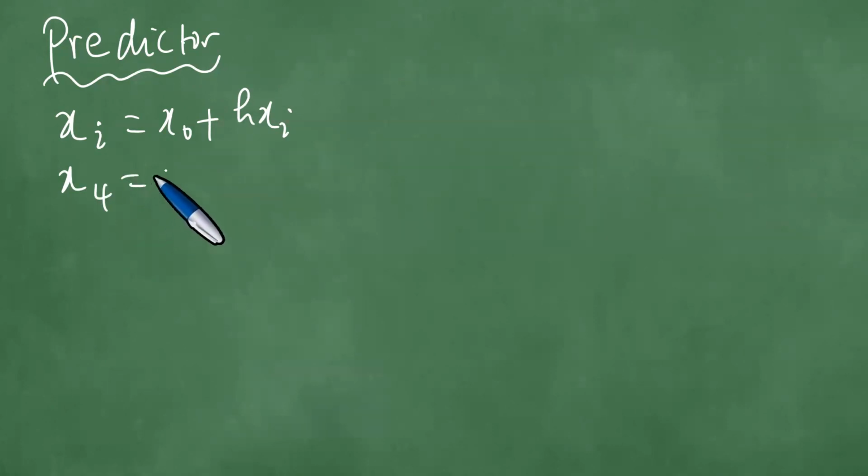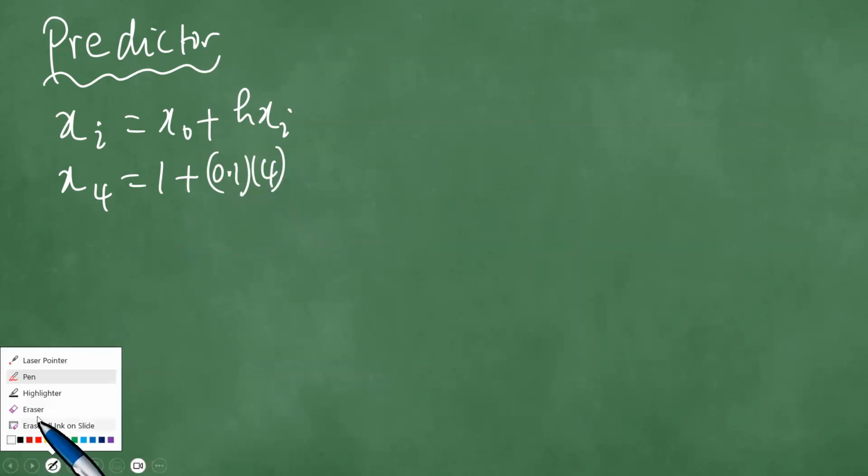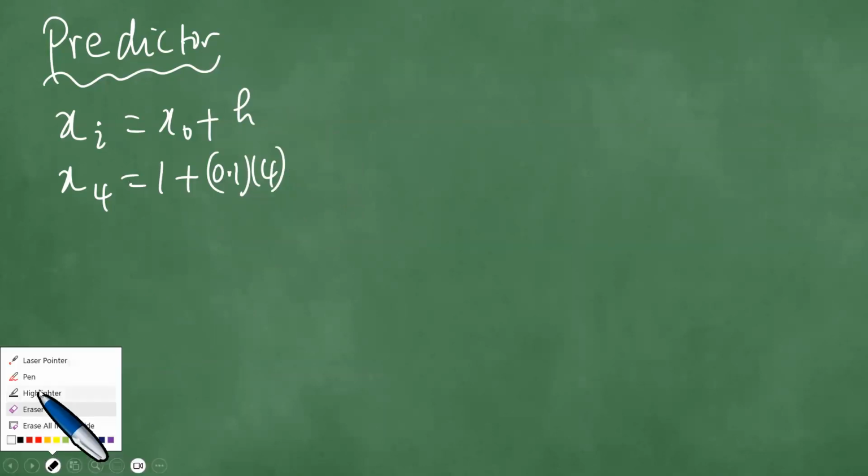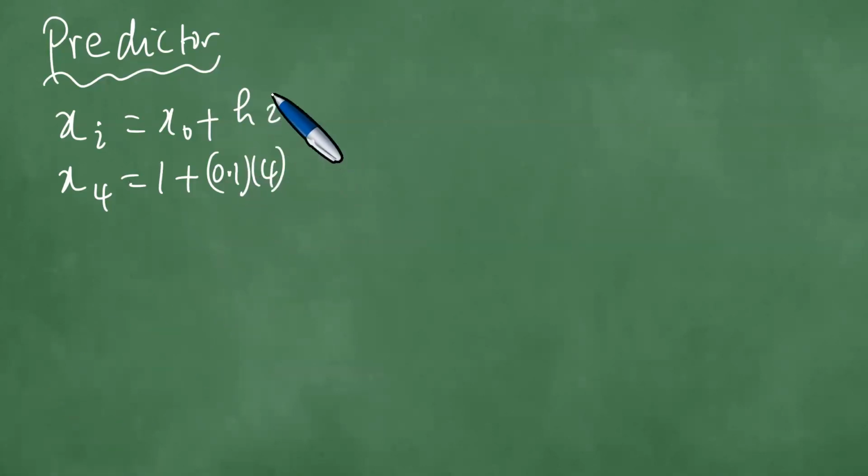So that you don't have to look back all the time, x0 is 1, h is 0.1, and i is 4. It's not xi, but i, excuse me. So when i is 4, you have this, which means therefore here is 1.4.